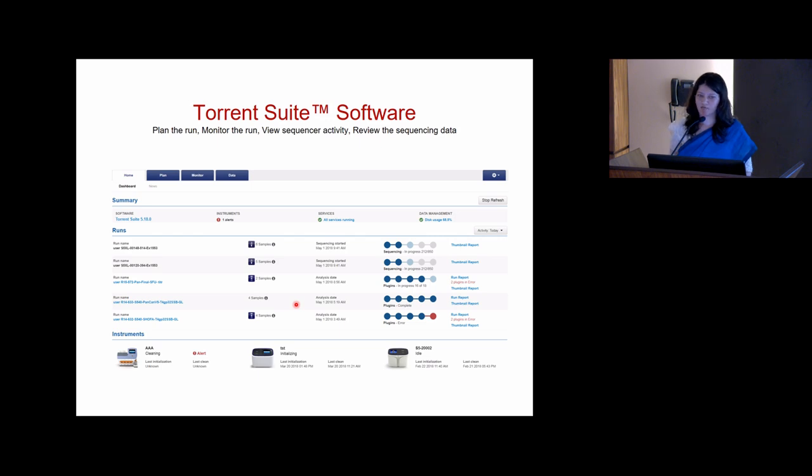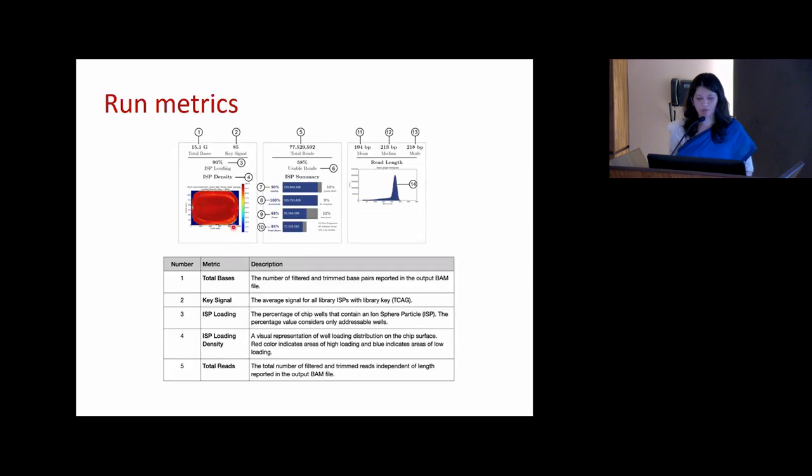So what happens after the run is complete? After the run is complete, the digitally encoded data goes on to the Torrent Suite software, which is present inside the sequencer. So what do we need to monitor? Just like in Illumina we are concerned with the cluster density, whether it's proper or not, here we need to look at the loading, the ISP loading.